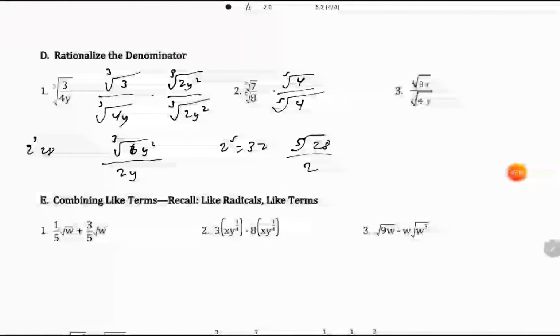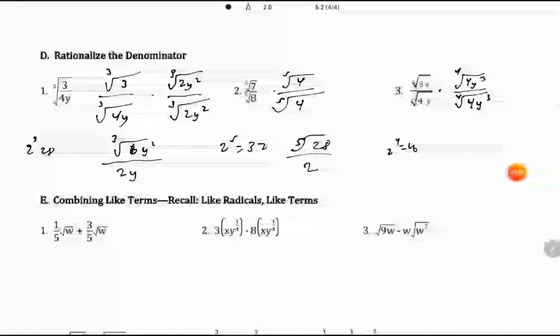Next, it's a little bit blurry, but this is the fourth root of 3x over the fourth root of 4y. Okay. What do I need to multiply top and bottom by? Okay, fourth root. Look at 4. 2 to the fourth is 16. So I'm going to multiply this by 4. And then I need 3 more y's, because these are fourth roots.